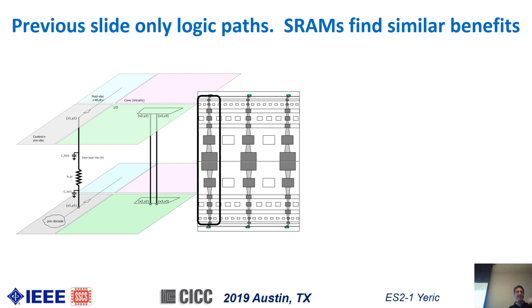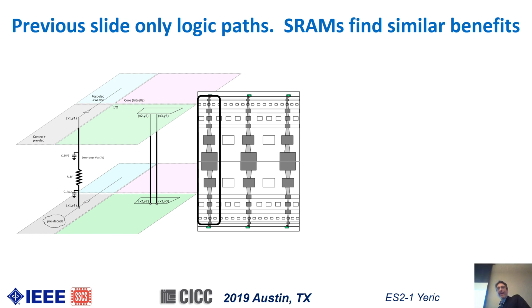That was the logic paths. In the memory instances, it would make no sense at first to think that a transistor is going to be more efficient for a transistor and an SRAM to communicate all the way up through the stack of one wafer, through the stack of another wafer, and visit a transistor in a different tier. But it turns out that actually does make sense in these larger memory instances.